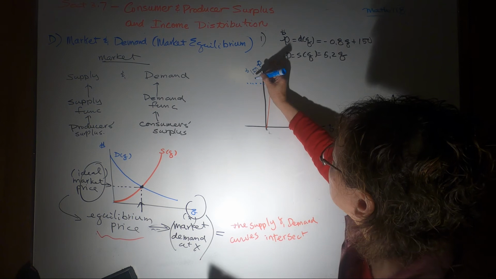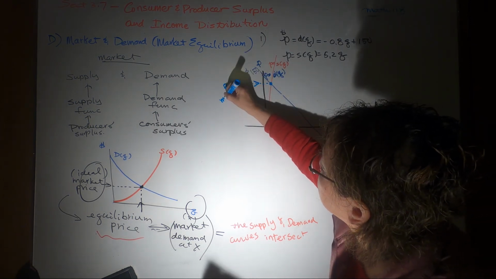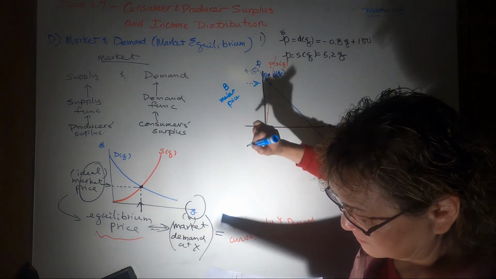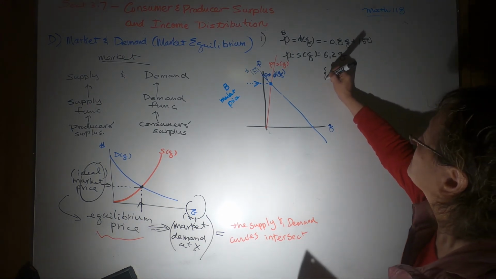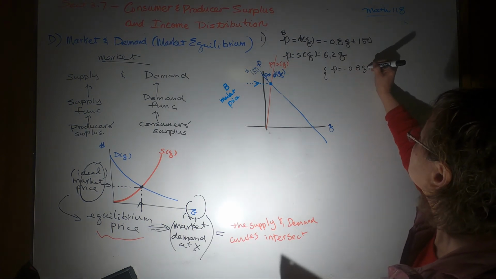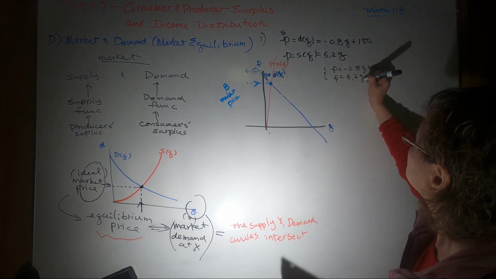The equilibrium point means the market price. So how do we find out where they meet? You need to solve P equals negative 0.8Q plus 150 and P equals 5.2Q.